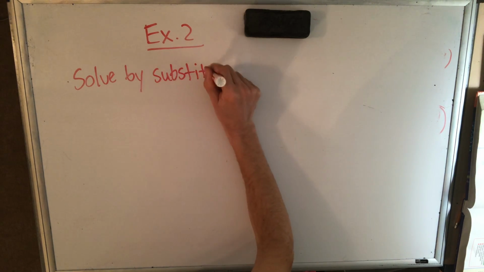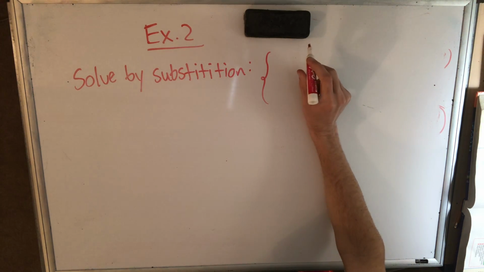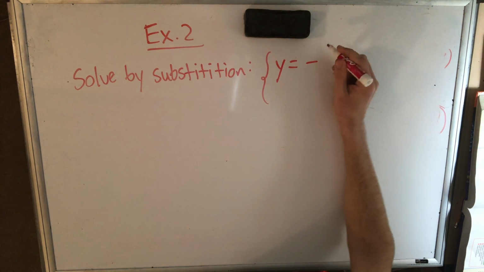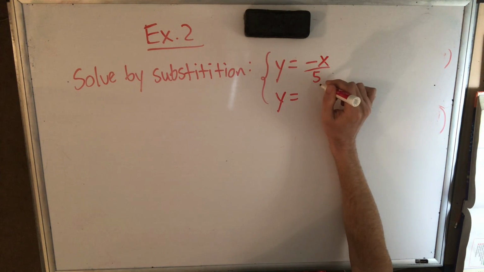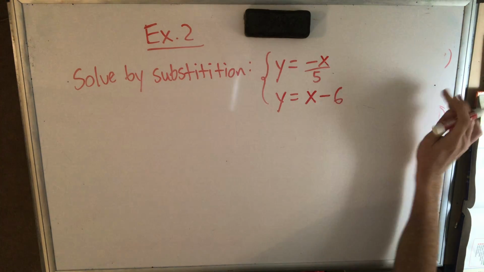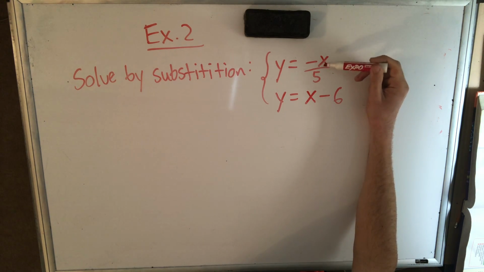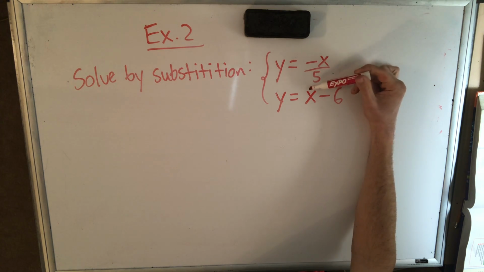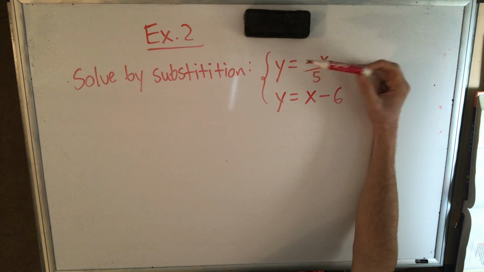And the system of equations given to us in this problem is y equals negative x over 5 and y equals x minus 6. So since y equals negative x over 5, we can substitute in negative x over 5 for y in the other equation. Or since y equals x minus 6, we can substitute in x minus 6 for y in the other equation.